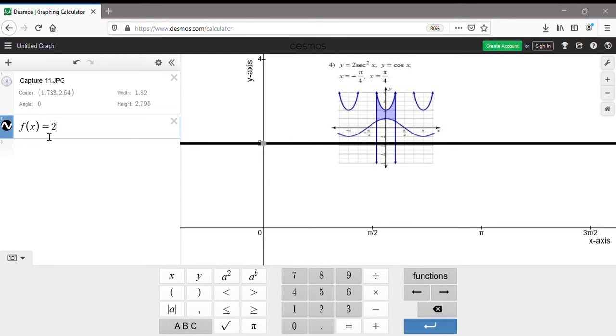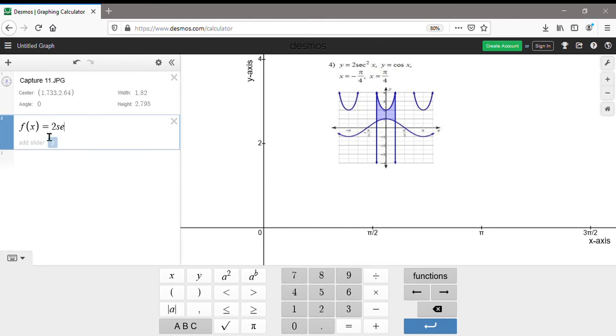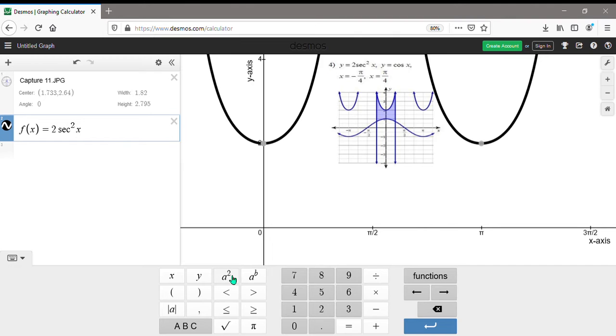One of the advantages of doing this in Desmos as opposed to doing it on your graphing calculator is we can actually type it in pretty much as it appears in a normal paper-pencil expression. 2 secant squared of x looks exactly in Desmos like it does on here. On a graphing calculator, we'd have to put in the secant as 1 over cosine, and it gets a little bit messy with the parentheses.